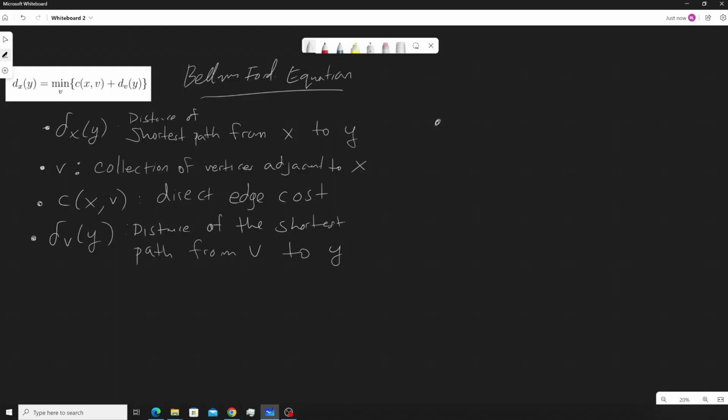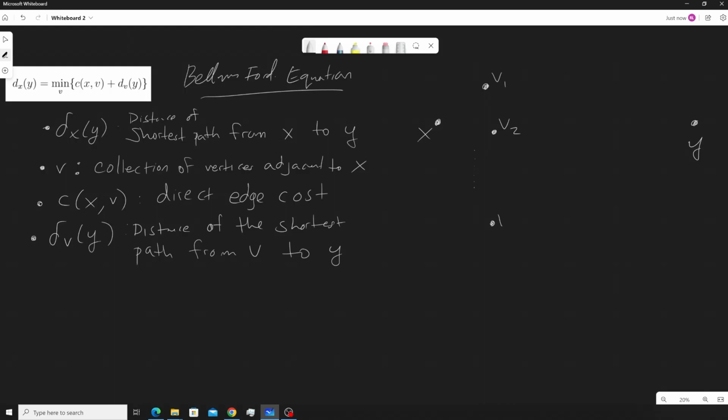So let's look at an example. So let's say that we have x and we have a y. Okay, so we have 2 points and we want to find the shortest path from x to y. And so along the way, there can be several nodes. Let's say that we have a node over here. We'll call this v1. We have another node over here. We'll call this v2. We have a bunch more nodes. And then let's say we have some final one, vn.